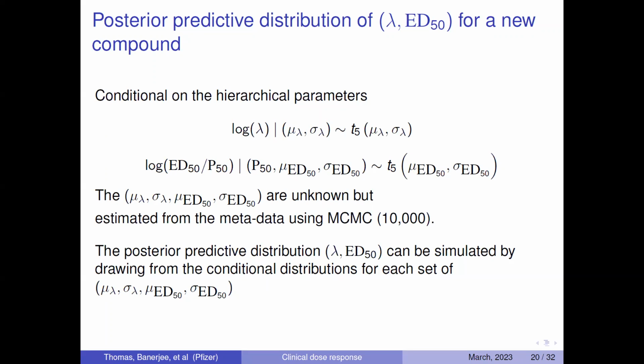So if we want the posterior predictive distribution from using the metadata to predict what the lambda and ED50 are going to be for your next study, I take each of my drawn values of the mu's and sigmas, the hierarchical parameters. For each set of those, I just draw from a t distribution. So it's very easy to simulate from the posterior predictive distribution for a new compound.